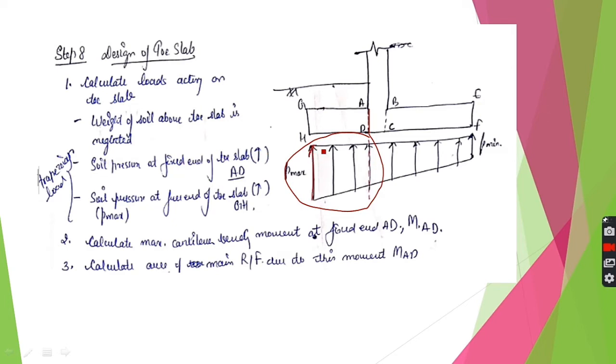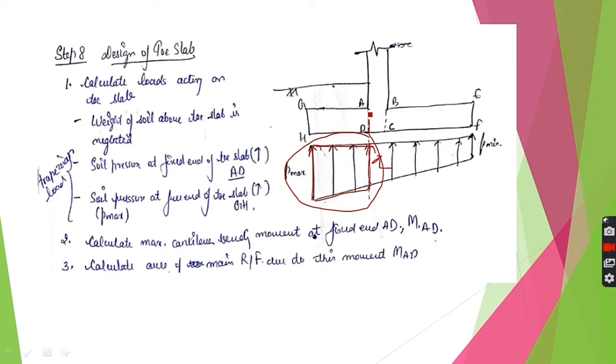This is P maximum, and this is the soil pressure at your fixed end AD. So this is a trapezoidal load. This also we will calculate by linear interpolation. We know both these values, and we know this total distance, we have to calculate at this particular point, so we can find out this force X.